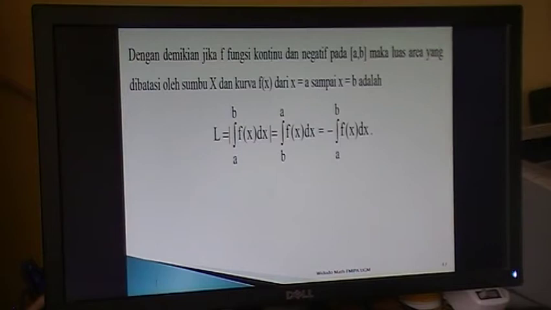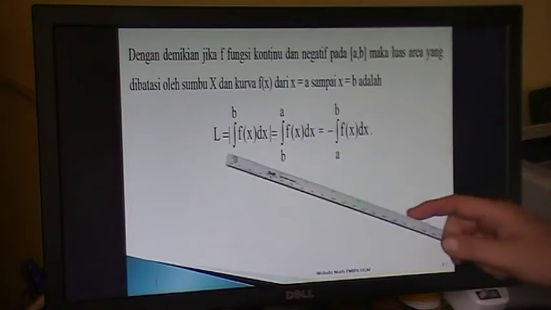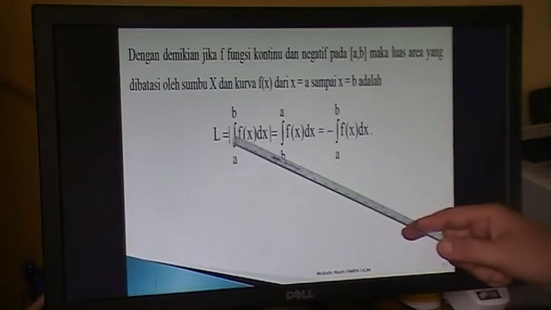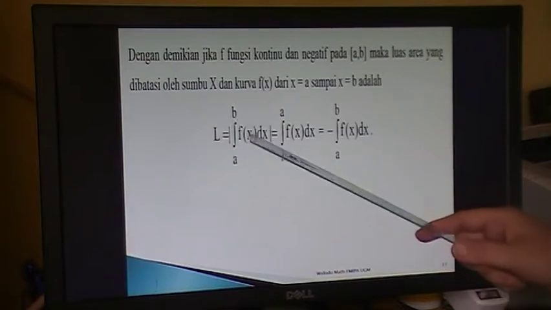So by using these two cases, we conclude that the area of the region is L, the absolute value of the integral from a to b of f(x) dx.